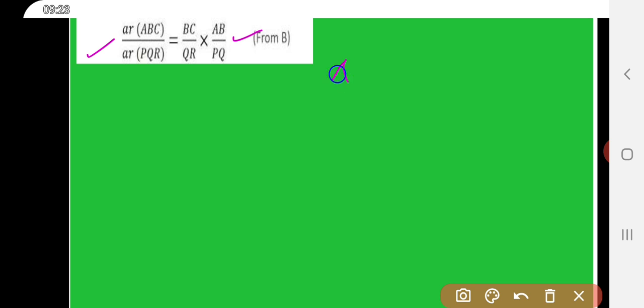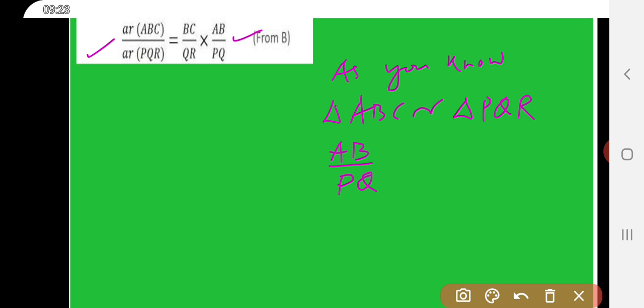As you know, triangle ABC is similar to triangle PQR, so their corresponding sides are in proportion, that is AB by PQ, BC by QR, AC by PR.